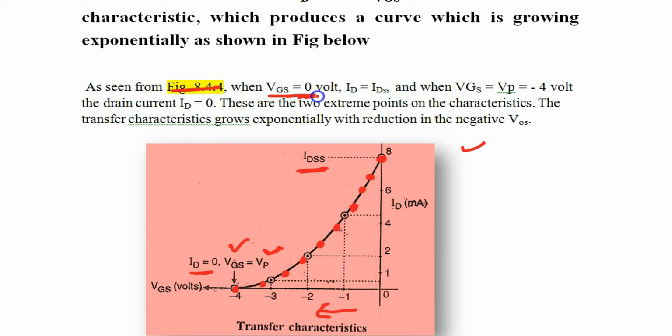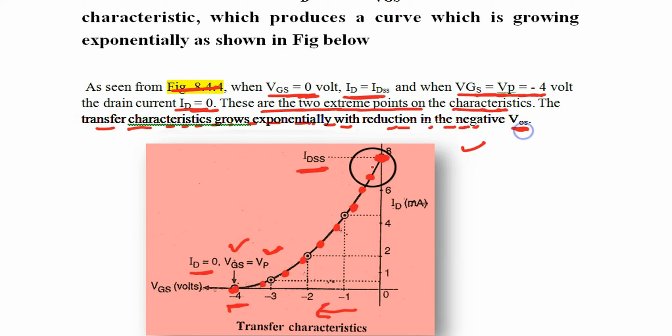So when the gate source voltage is 0, ID is equal to this much. When the gate source voltage is -4, the drain current is 0. So they are the two extreme points on the characteristics, this one and this one. The transfer characteristics grow exponentially with the reduction in the value of the gate source voltage.